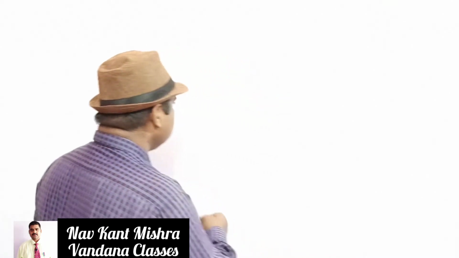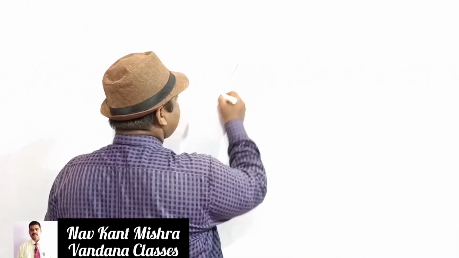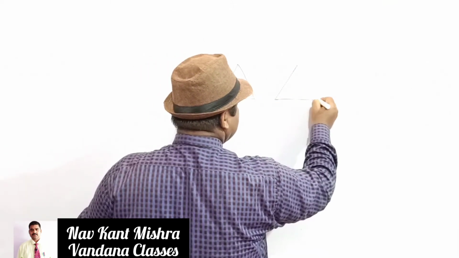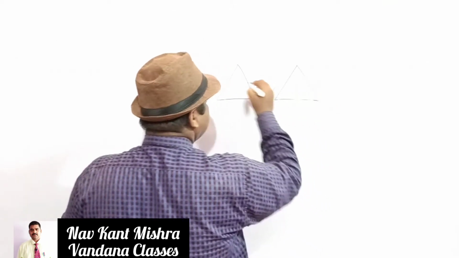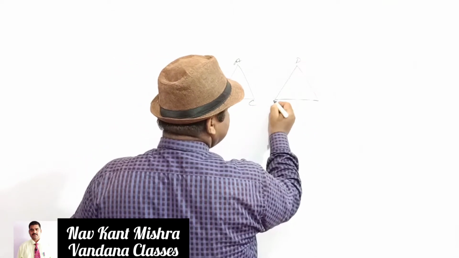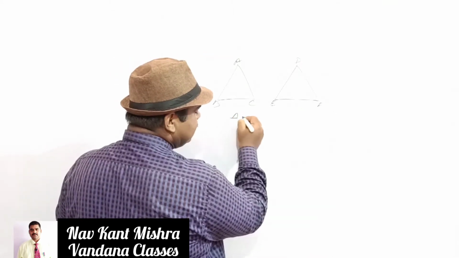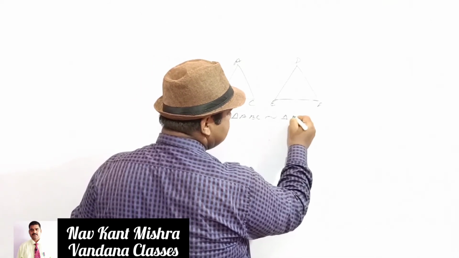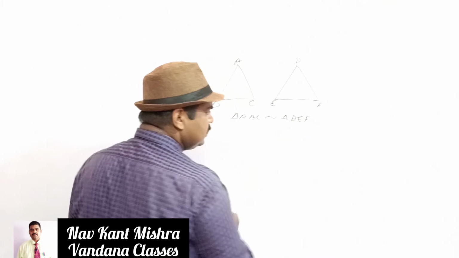If you compare scalene, then scalene can be compared with scalene. I have just taken one triangle and these two triangles, and I name them ABC and DEF. How can you say that triangle ABC is similar to triangle DEF?